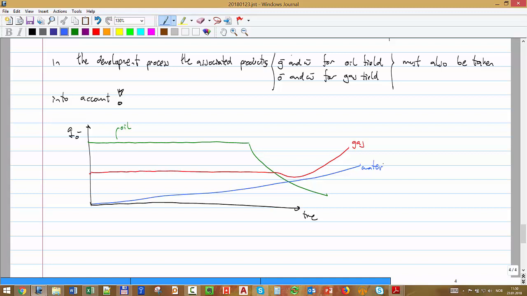So that's also important, because when we design the processing facilities, we make it for a certain gas rate, a maximum gas processing rate, and a maximum water processing rate. So let's write that down.